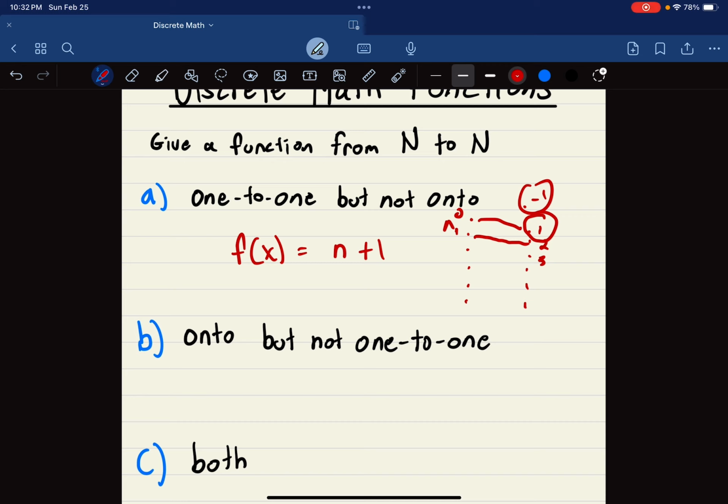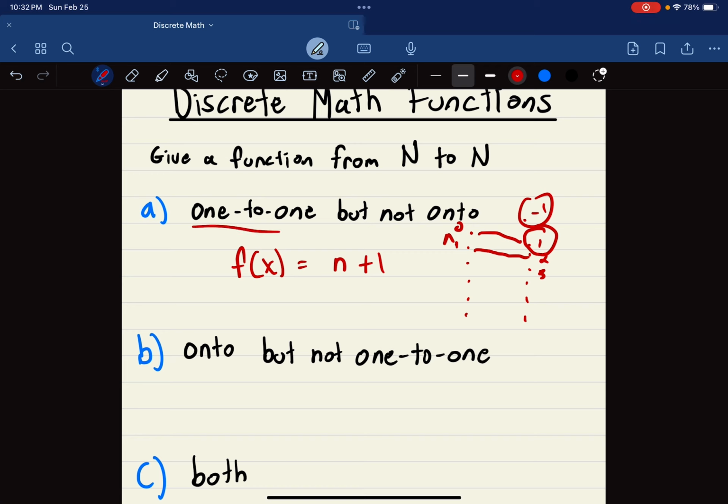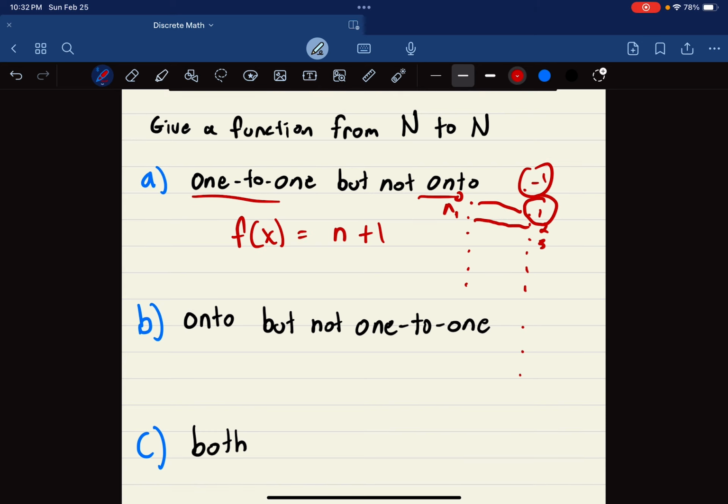Before I do the next one, I want to really define what one-to-one and onto are. One-to-one means, let's say you have A, B, C, D, and then 1, 2, 3, 4.